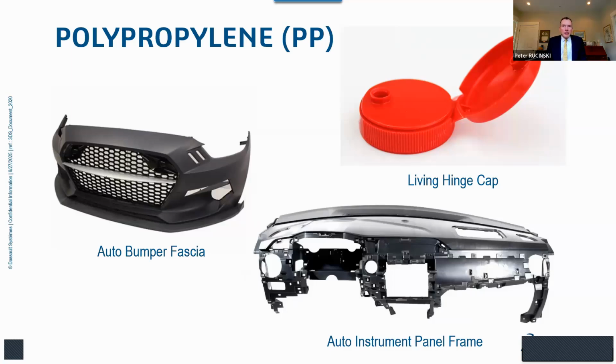It's almost always that living hinge is only in parts that are designed and manufactured out of polypropylene. You can certainly have living hinges with other materials, but when you make a living hinge with another material, it's probably not going to last that long. Could be maybe just 5 cycles or 10 cycles or 20 cycles or something like that.